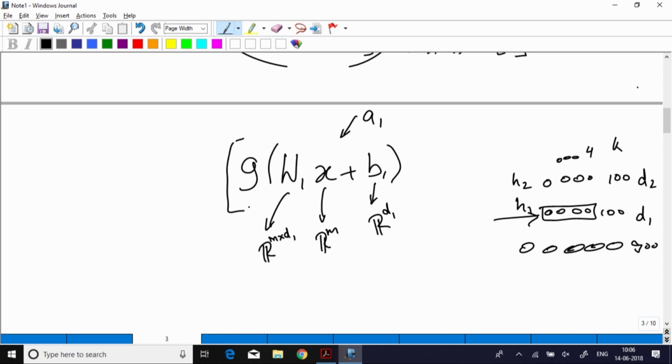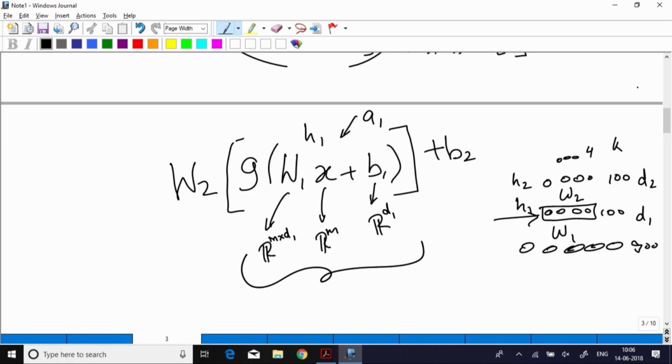I take this entire thing, remember, is H1. What do I multiply it by? So this was W1, this was W2. So I multiply it by W2 and add B2. What's the dimension of this entire guy? This is H1. How many H1s do you have? 100, right? So this is R^D1. What's the dimension of W2?